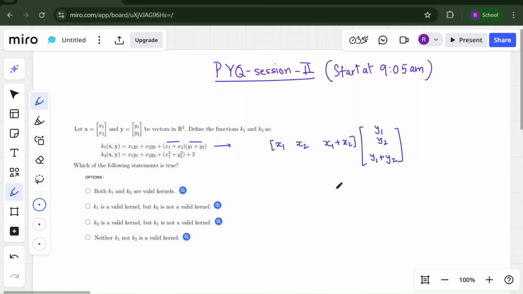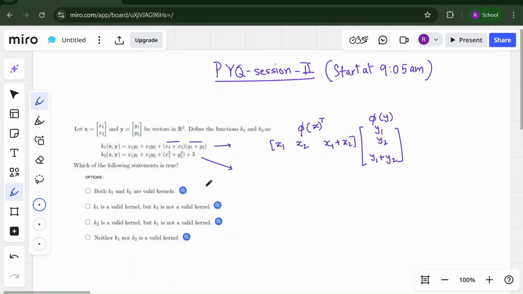So the first kernel option that is given, which is k1, is a valid kernel where phi of x, or the transpose of this, multiplied by phi of y. So this is a valid kernel. But what about k2?